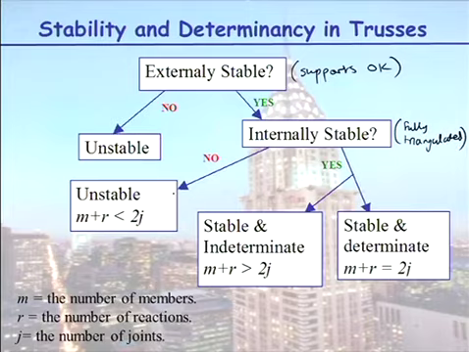If it's not, you use this formula here, m plus r is either less than, greater than, or equal to 2j. That will then tell you whether your system is internally stable, stable and indeterminate, or determinate. So what do m and r and j equal? m is the number of members, r the number of reactions, and j the number of joints.